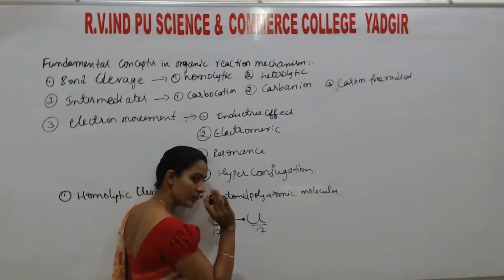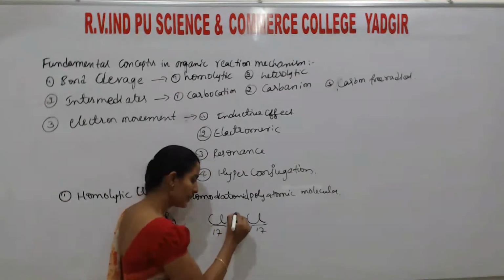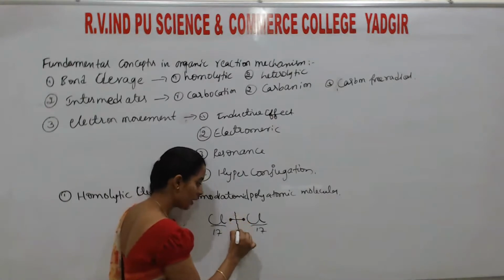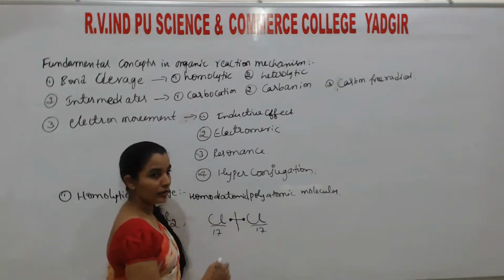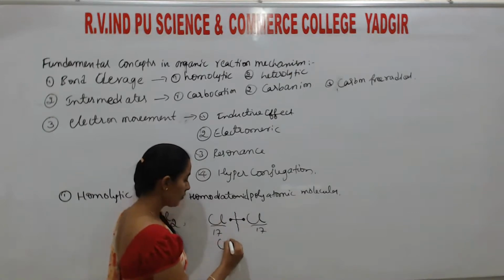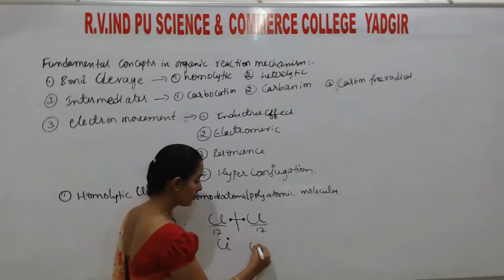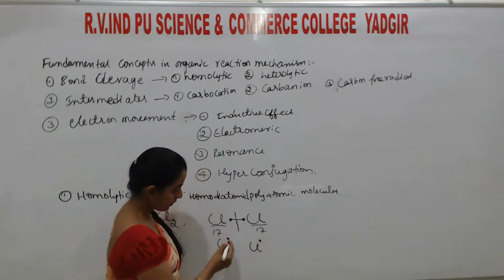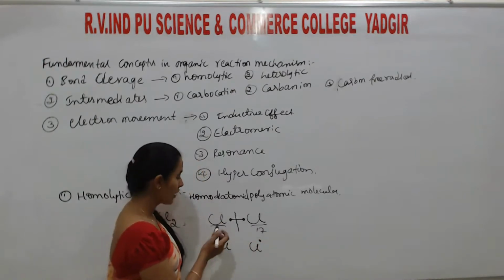Always remember, the bond cleavage takes place at the middle. Okay? So if the bond cleavage takes place, what do they form? One is Cl dot, Cl dot. These two are free radicals. Dot means, why is it called a free radical?